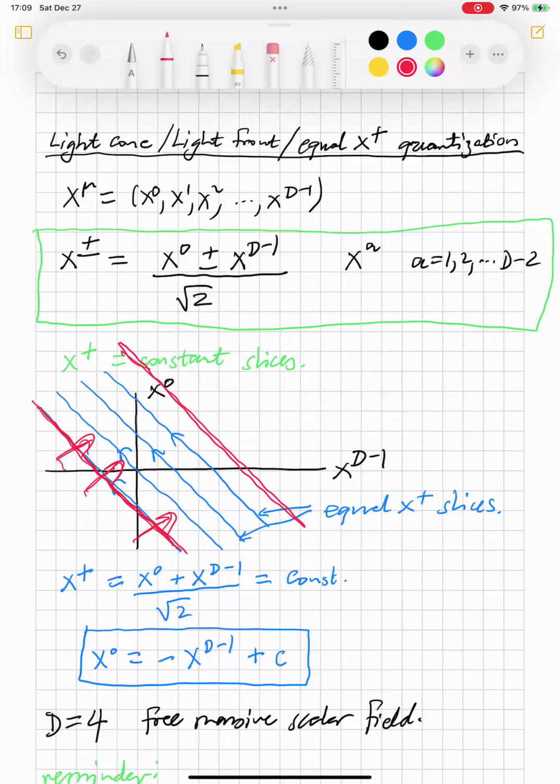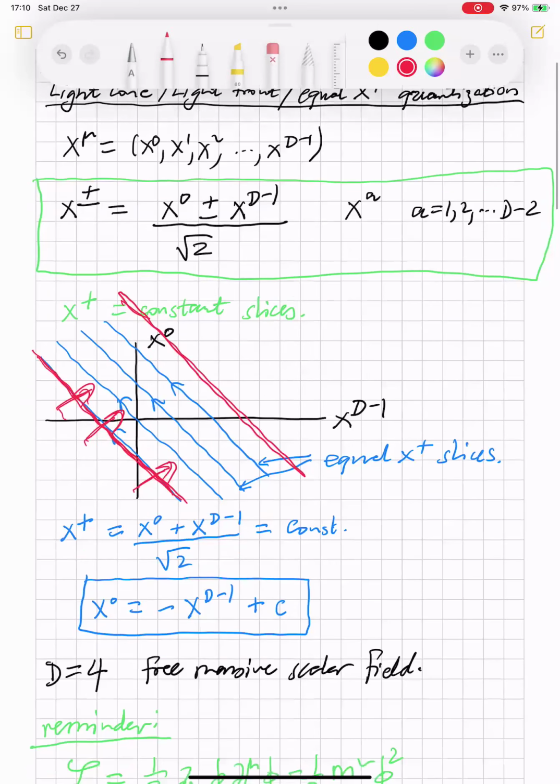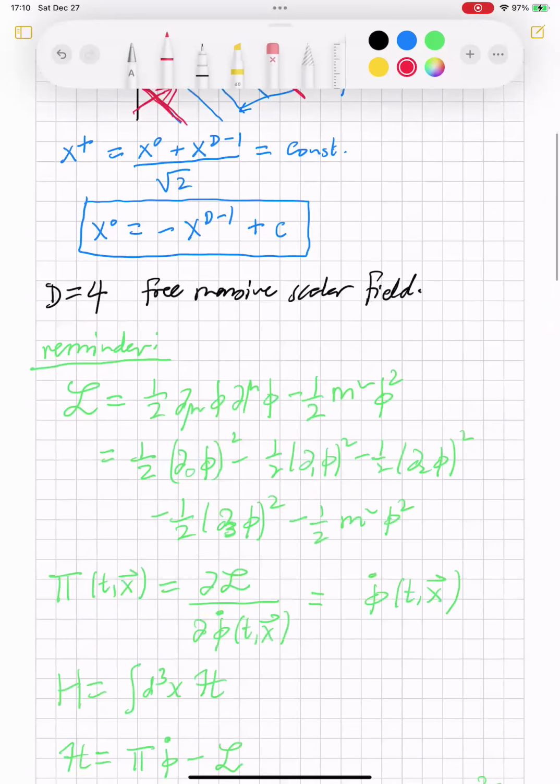So you can see on these equal x plus slices, we could also think that we are on the front of a null wave. So the front of a light wave. And that's also the origin of the name, when we say light front quantization. Okay, so there are just a few more things that I want to discuss. We will continue in a moment.